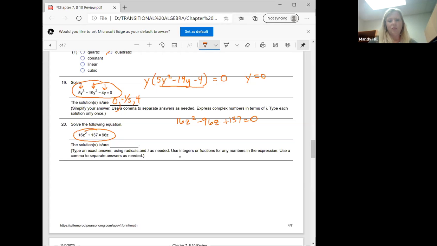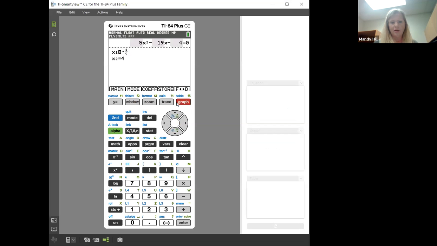I think I'm going to show you on the graphing calculator what the answer would look like if we did it this way. So let's look at that real quick. I think a lot of you are going to decide that that probably is going to be the way you want to work it. You could use the quadratic formula. We've already worked several like that.